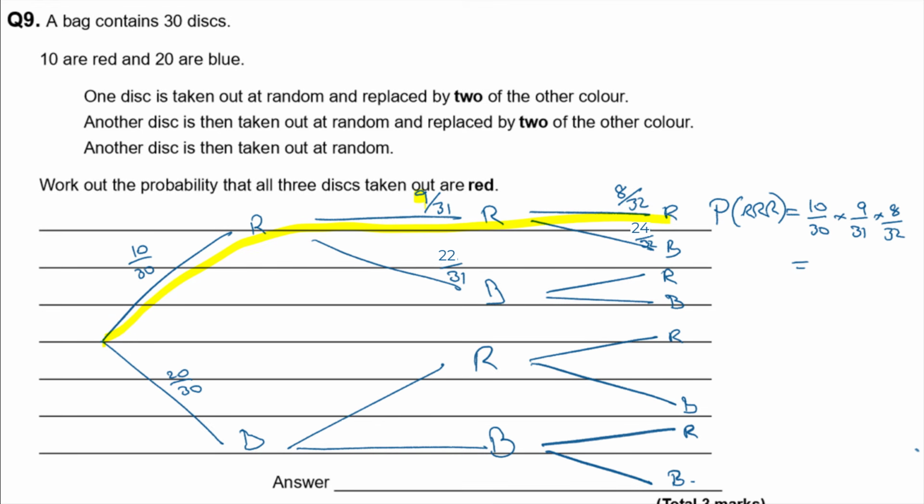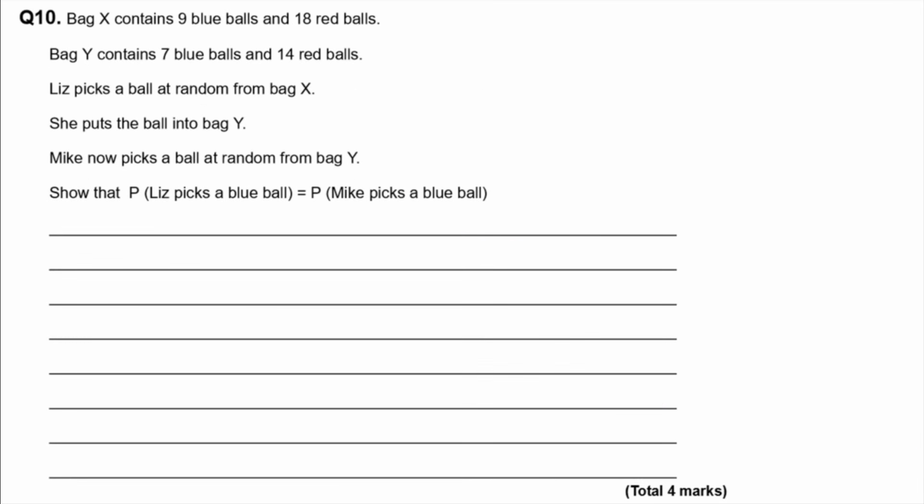Well, 10 times 9 times 8, that's 720, over 30 times 31 times 32, 29,760. Okay, now again, I'm not going to bother to cancel it down because you don't get any extra credit. It doesn't say right in its lowest terms. Not going to bother. 720 over 29,760.